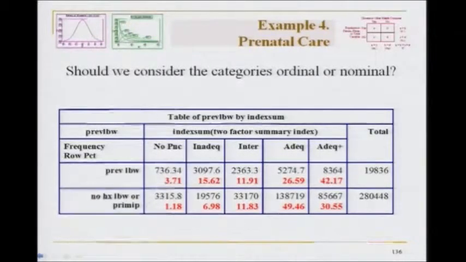So for example, it looks like women with a history, they're multips, they've had at least one other low birth weight infant. There's more of them, a higher proportion of them getting adequate plus care. There's a lower proportion of them getting adequate care. There's also higher proportions of them down at this end. What's going on here?